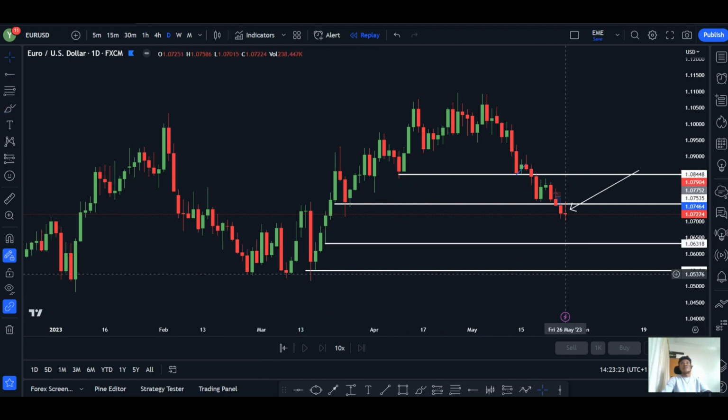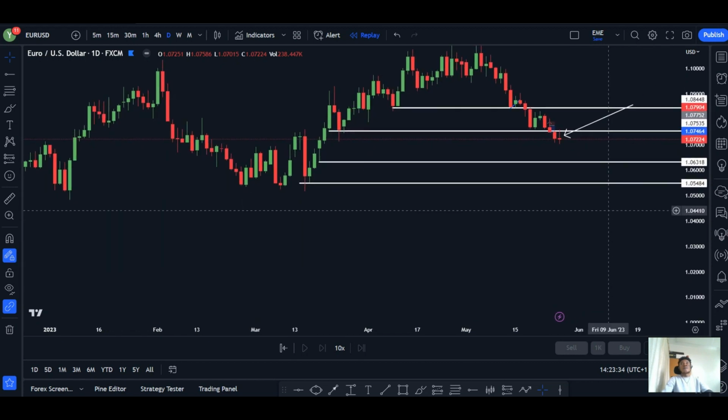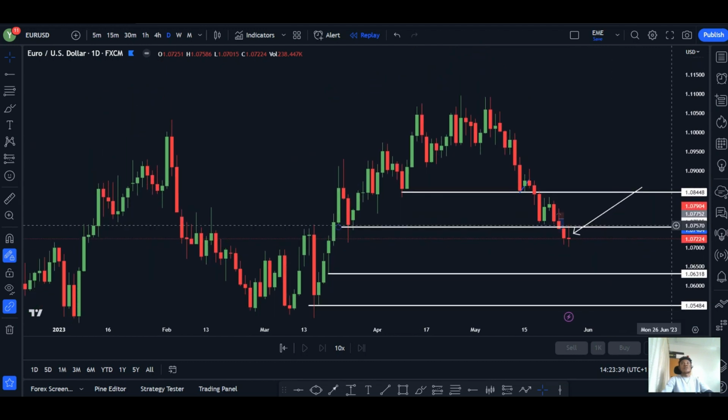These are the intermediate points between this level and this level. And here is the parity. These zones which we're going to be trading around are close to the parity level.